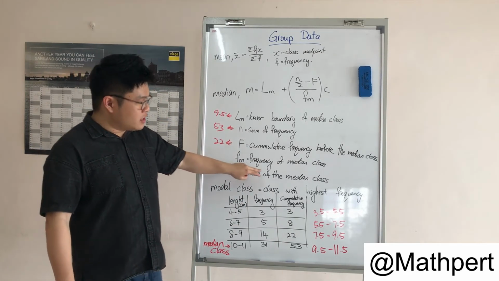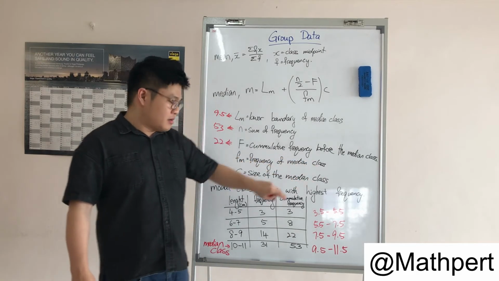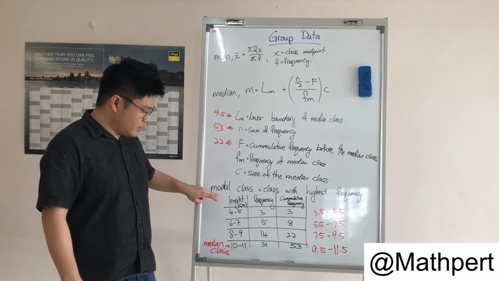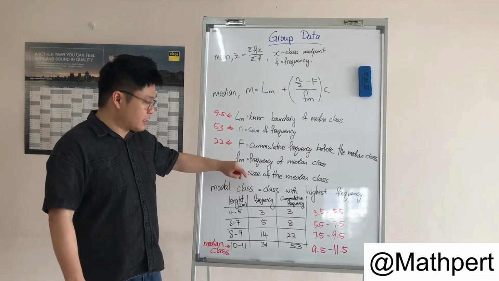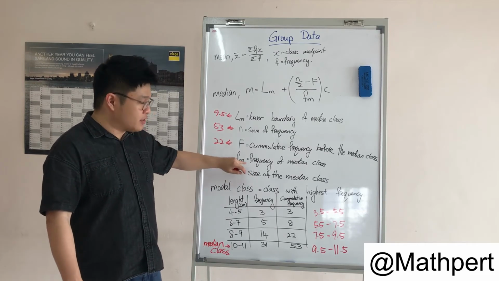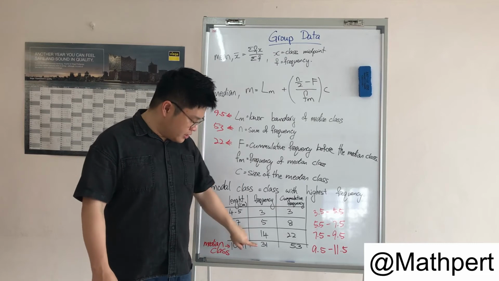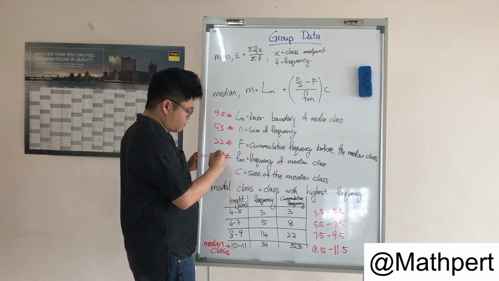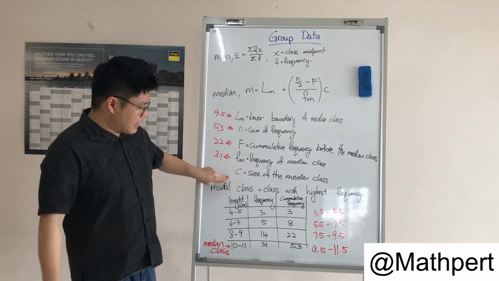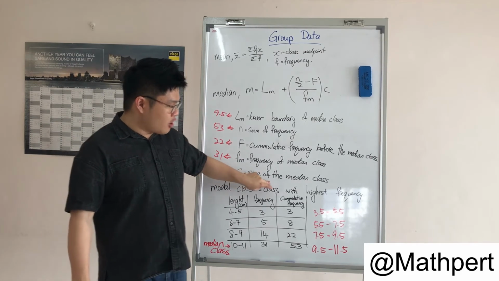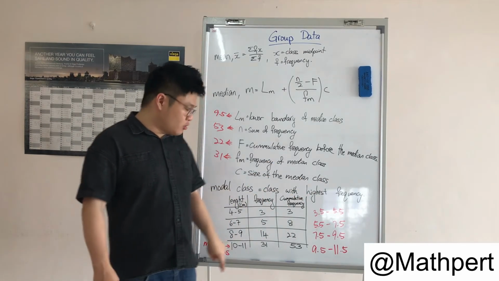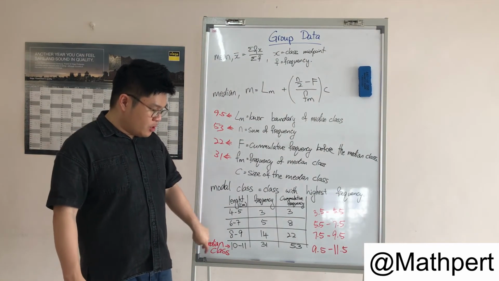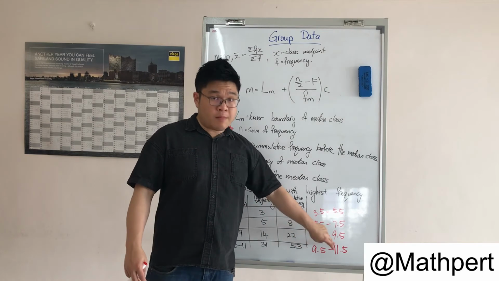FM, frequency of median class. Median class is over here, 10 to 11, the frequency. Be careful, they are asking for frequency. Small f is frequency. So frequency is 31. So last, C, size of the median class. What do we use for the size of the median class? We use this upper and lower boundary.